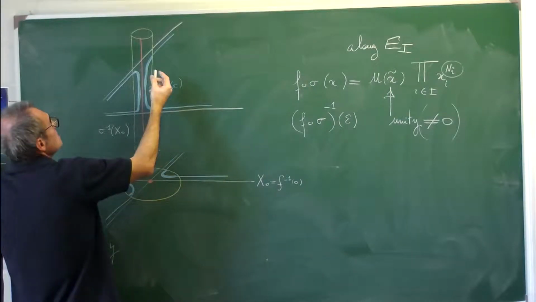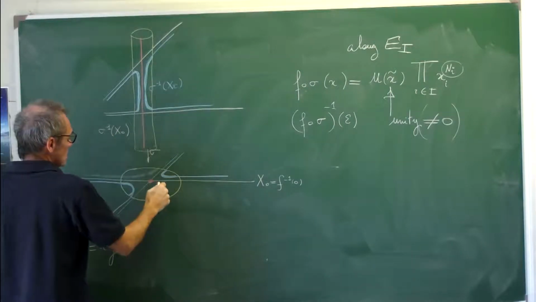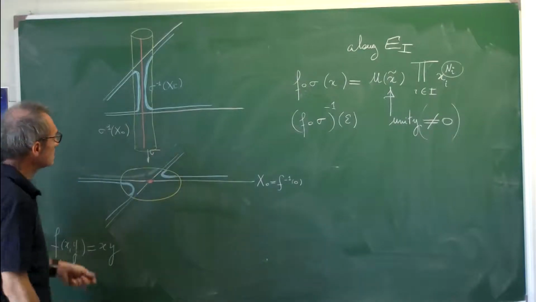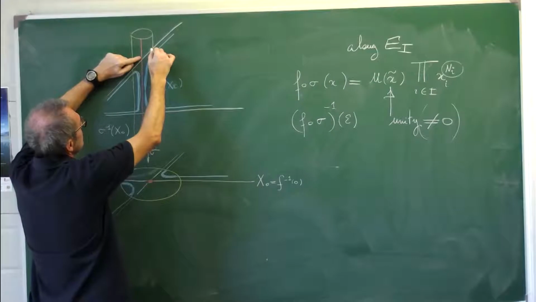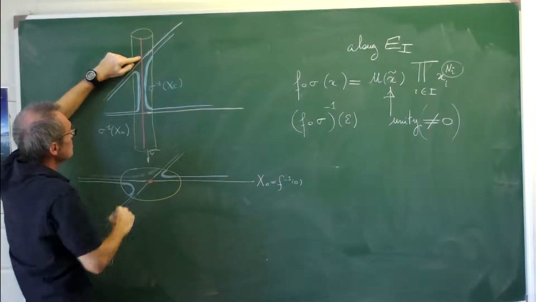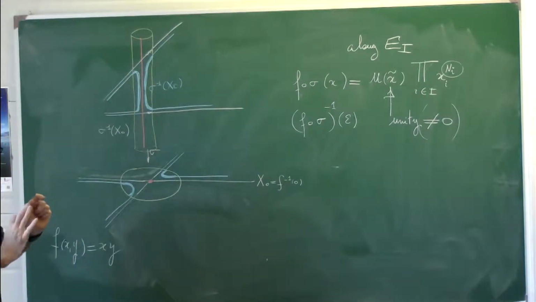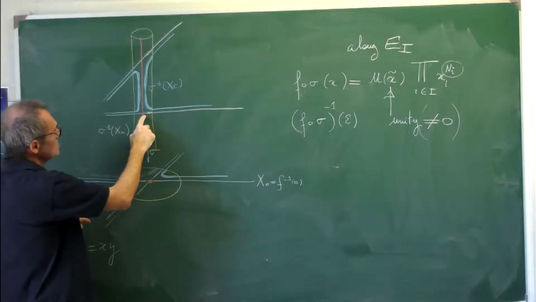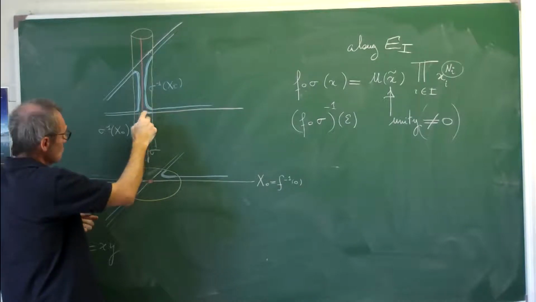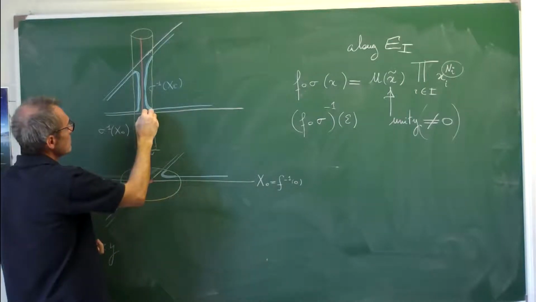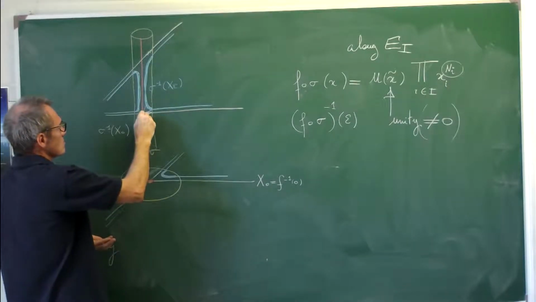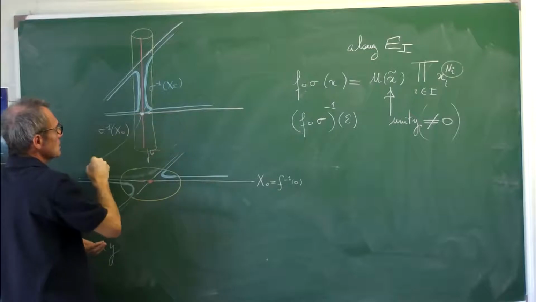So what I see is that the white fiber is contractible. It means that what appears here gives no contribution to the topology. I can contract to this point. Okay. So what I see in blue here is in fact above this intersection point.